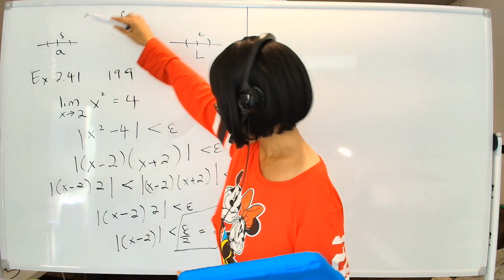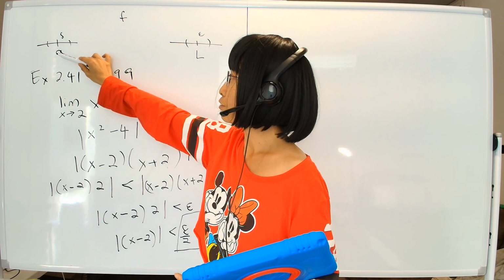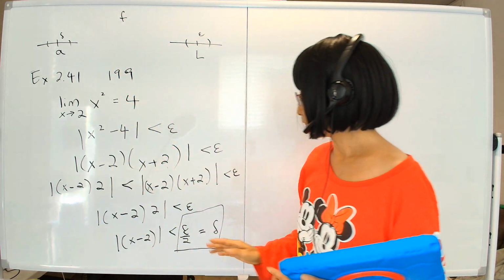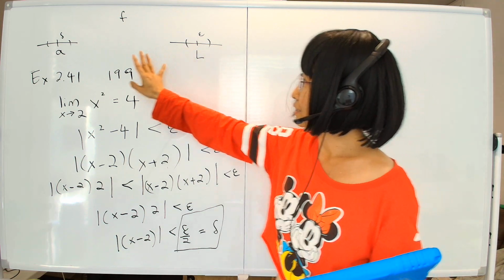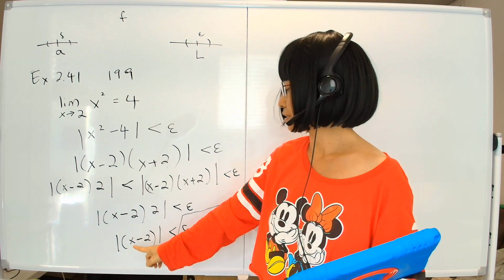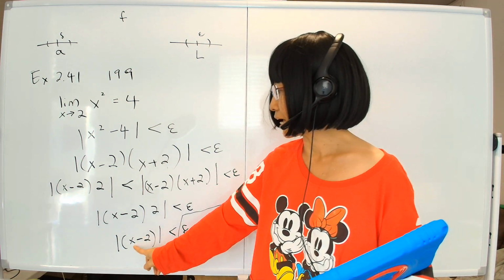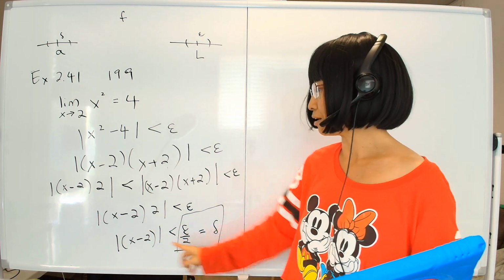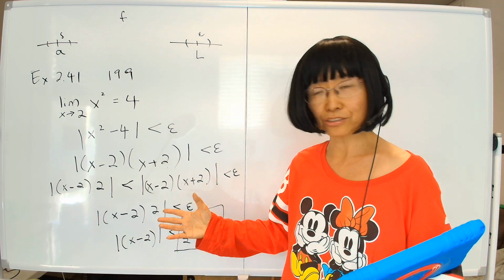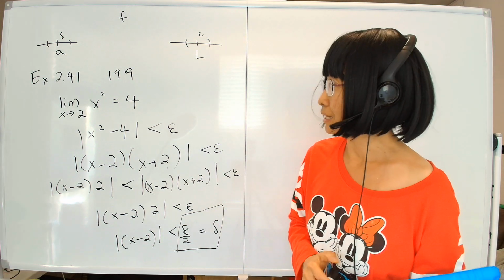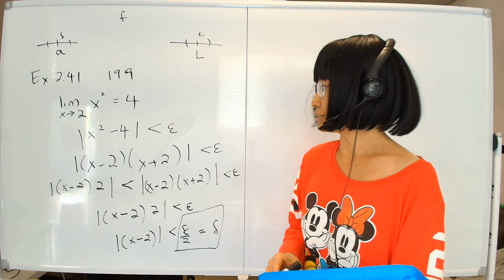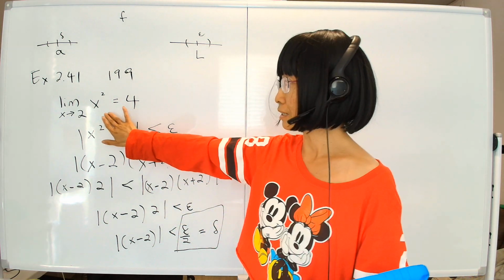For example, a would be 2 here. As long as your x is within delta of a, which is 2, then the whole thing will work out. And that is my demonstration of the delta-epsilon proof for this particular example.